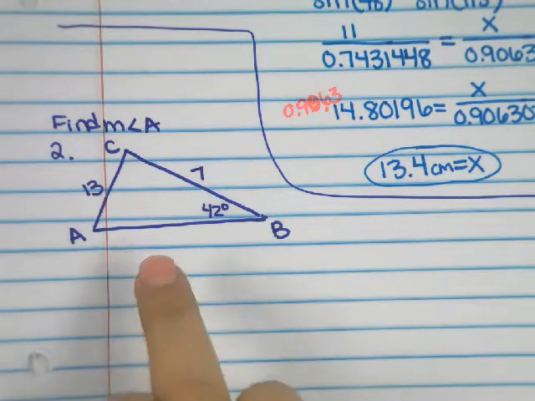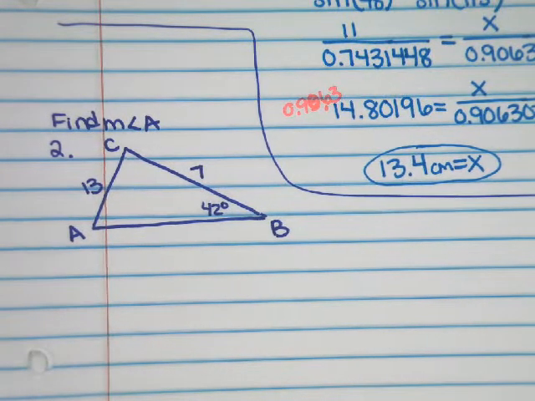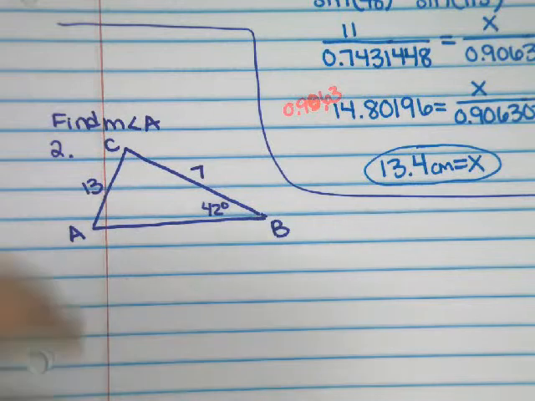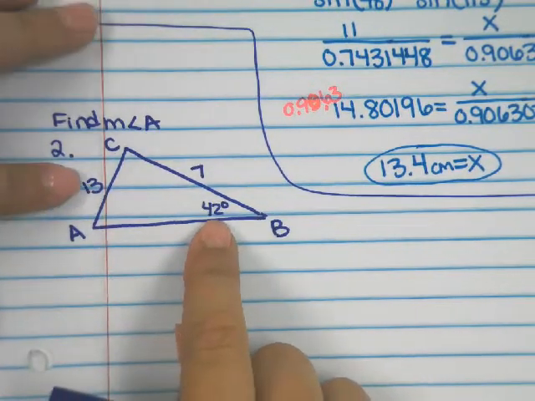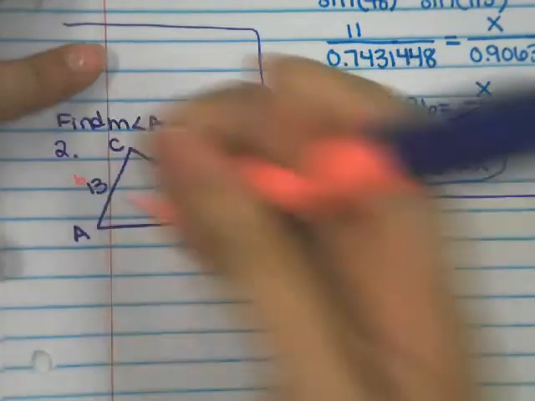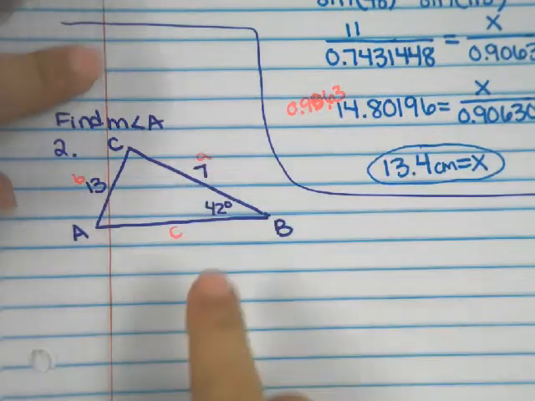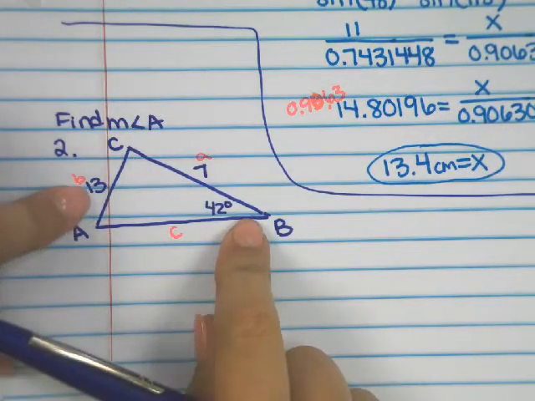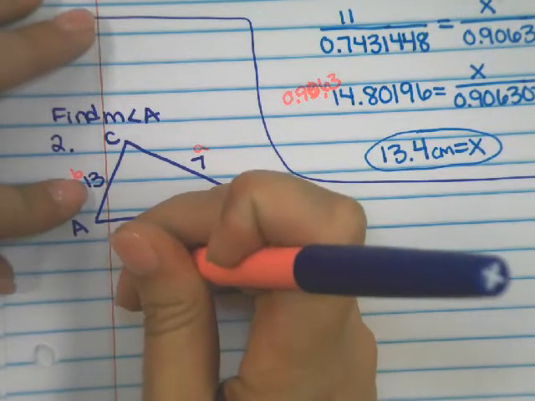We want to find angle A. So to do this, we are going to use the law of sines. We've got a pair of information we know. We know B and side B. Remember, A is across from A, C is across from C. So we know both angle B and side B. So when we set up our sine ratio, we want to make sure to use the B's.